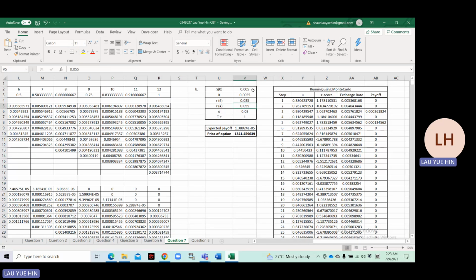So for part B, the information is given here as well, and then I just write it down, and T minus t is actually equal to 1.